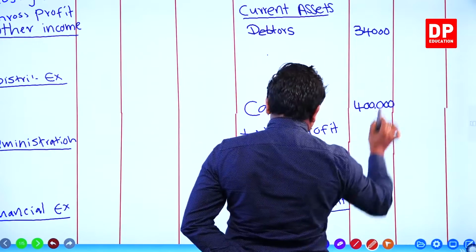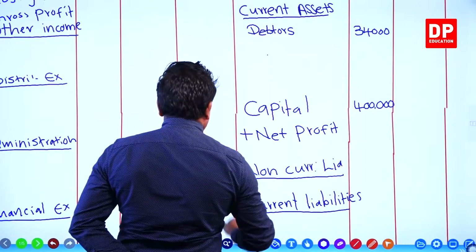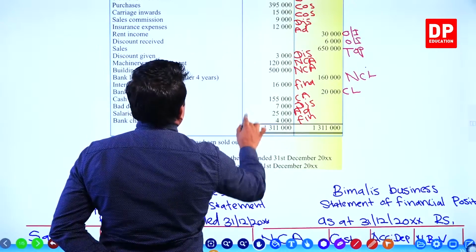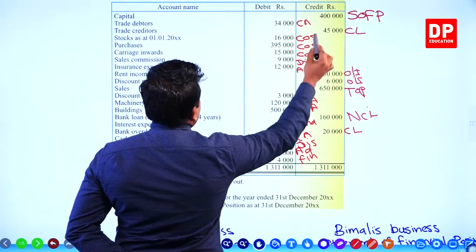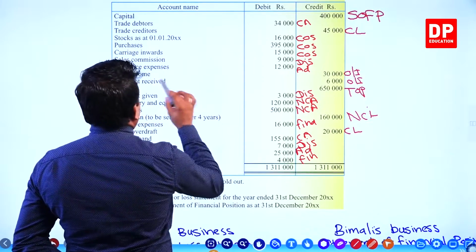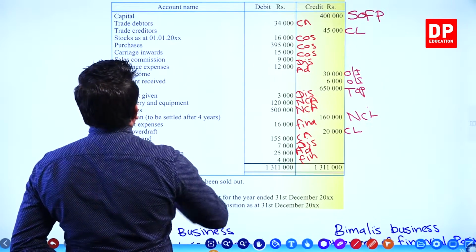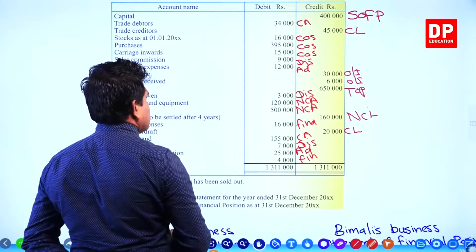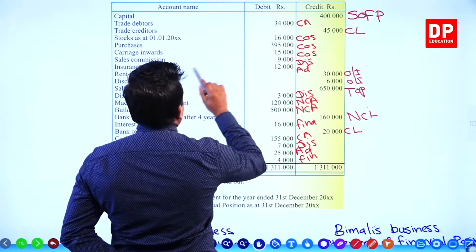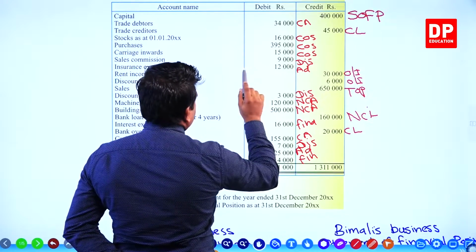Okay, now we go to the next detail. If you want, you can put a tick after taking any balance. Now trade creditors 45,000, opening stock 16,000. Trade creditors is a current liability, opening stock goes to cost of sales.